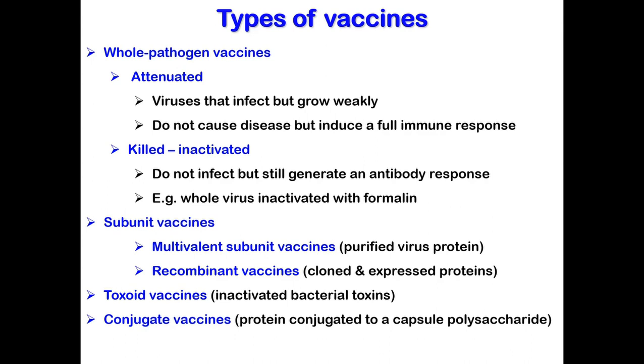And these capsules help them avoid phagocytosis, causing more invasive infection. So these subunit vaccines introduce capsular polysaccharide antigens that result in the production of antibodies that can opsonize the capsule and thus combat the infection.